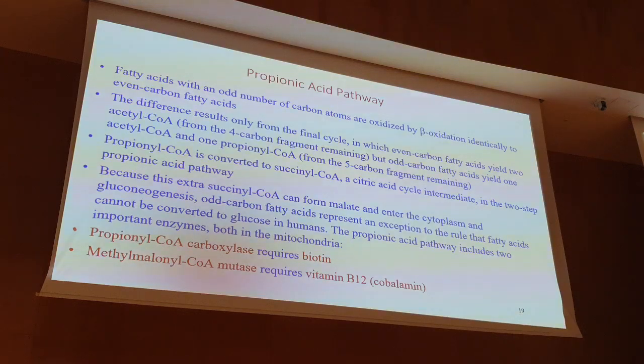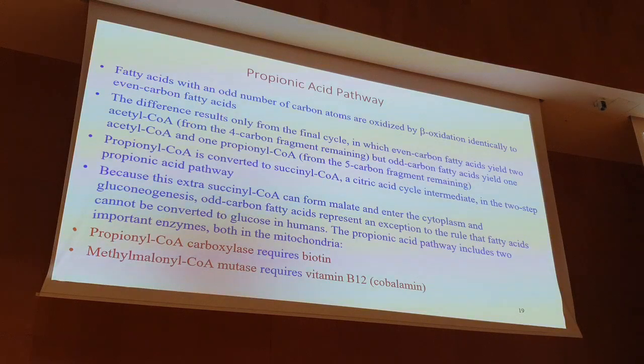You remove 2, you got 15. You remove 2, you got 13, and so on. You'll end up with 5 at the end. You remove 2, what are you left with? 3. You're left with 3. And this is what we call the propionic acid pathway.